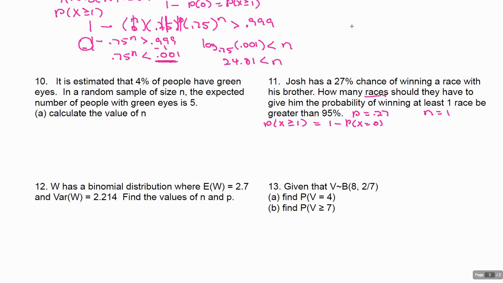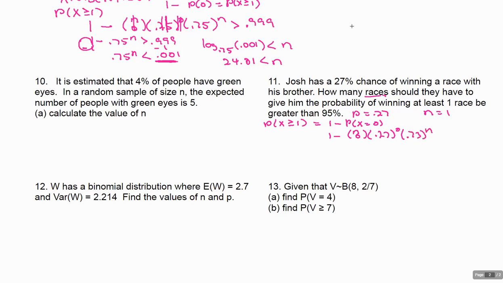And then the probability of x equaling 0 is going to be 1 minus n choose 0, 0.27 to the 0. And in this case, what's it going to be? 73? Yeah. And again, that's going to be the n.